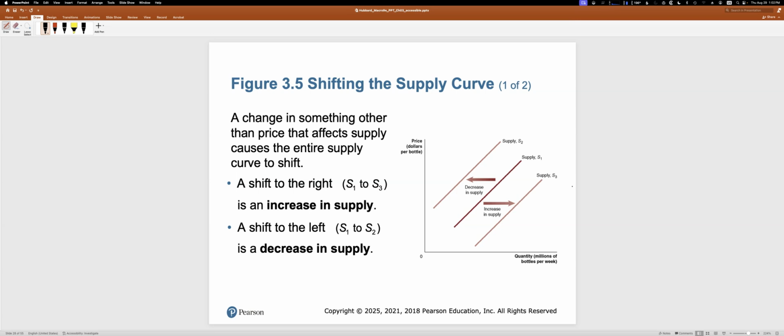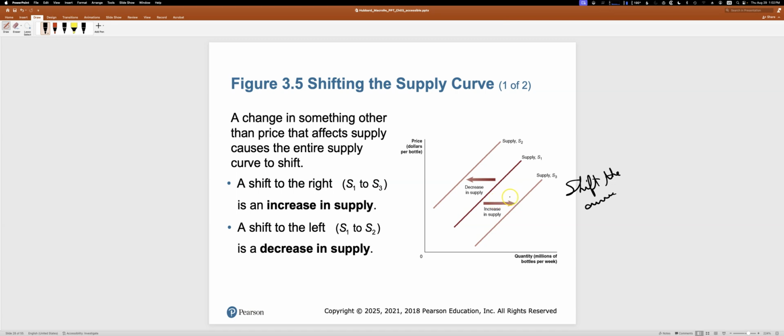And what we would also see is that we could shift the curve, but the shifting of the curve would be caused by something other than the price changing. So we could obviously cause a shift of the curve. We could decrease supply or increase supply.